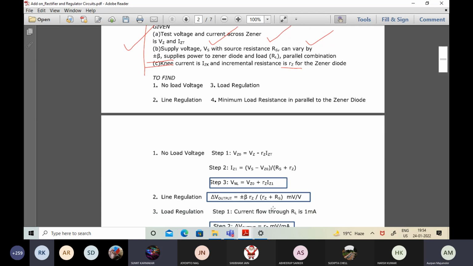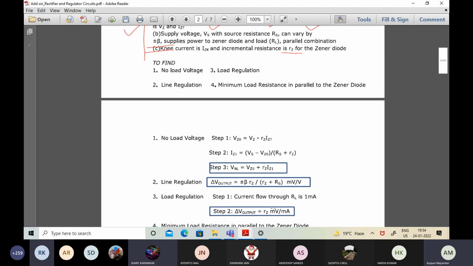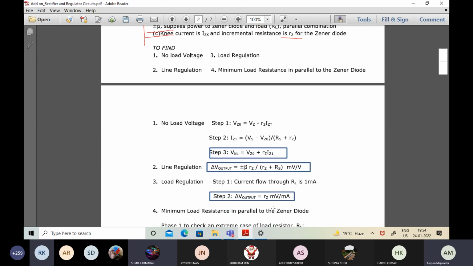So let us go step by step to find out the various components. So first thing is the no load voltage. Now how to get this no load voltage? As clearly mentioned, it is no load voltage. So do not put any load resistance, keep it open, simple. What are we after?